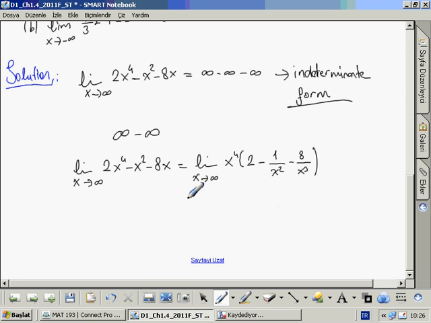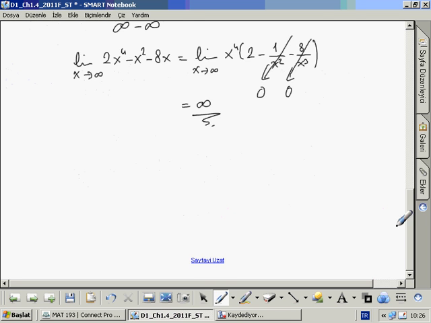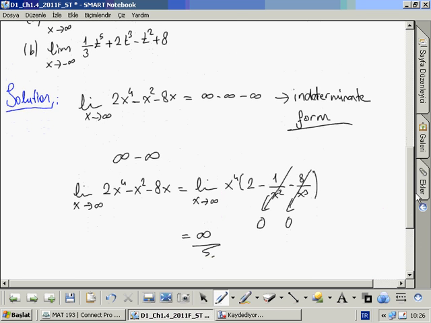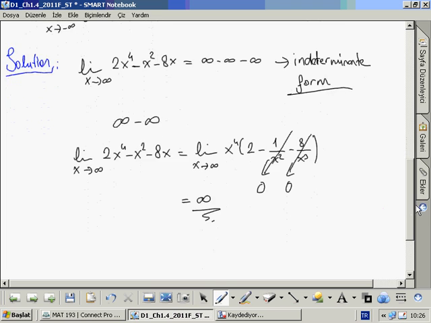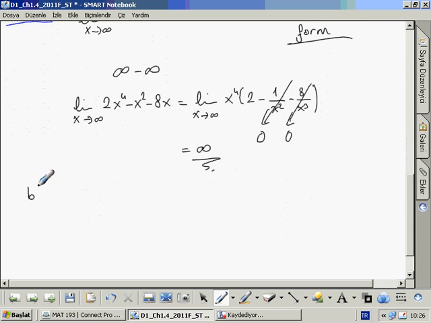And after that, you will see that the 1 over x squared term goes to 0 and the 8 over x cubed term goes to 0, so the limit is plus infinity.